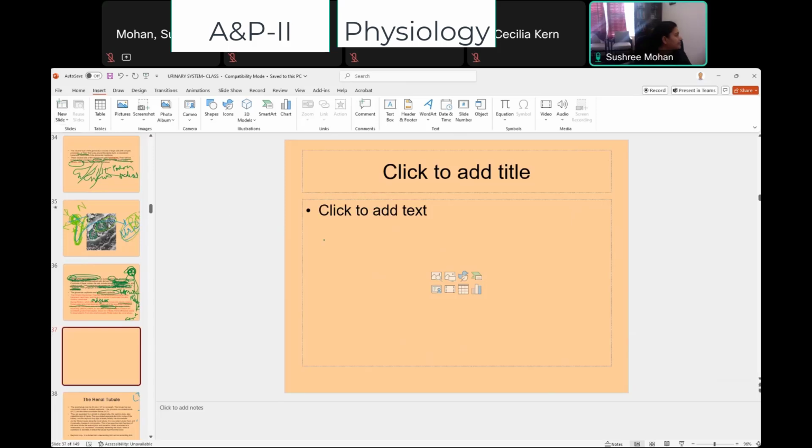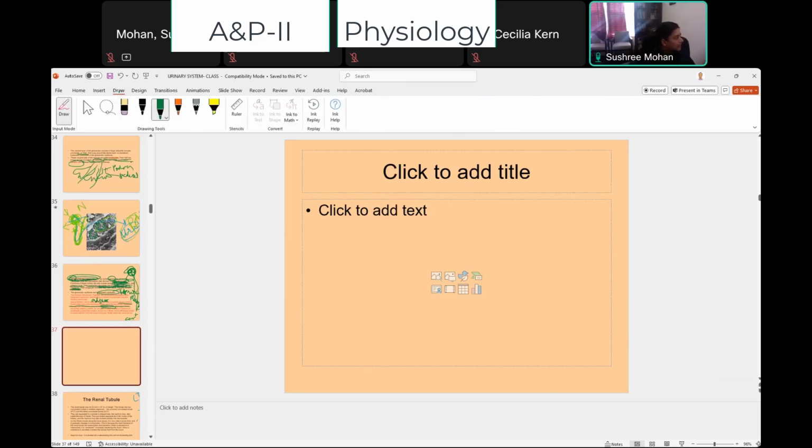Okay, so we are looking at the nephron. We are talking about the glomerulus, and we are talking about the PCT and the DCT, or the renal tubule. So glomerulus plus renal tubule makes the nephron. We're talking about the glomerulus. What is the glomerulus?